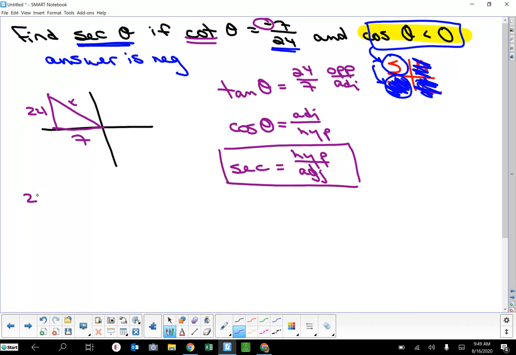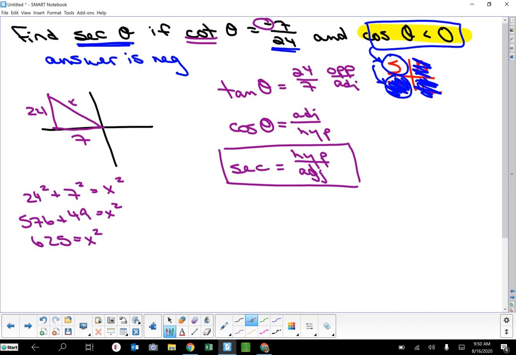So I need 21 squared plus 7 squared equals x squared. 21 squared is, where did I get a 21 from? That's a 24. 24 squared is 576. 7 squared is 49. That comes out to 625.